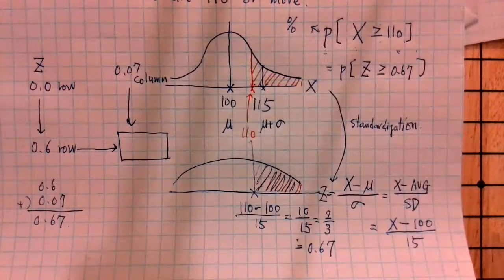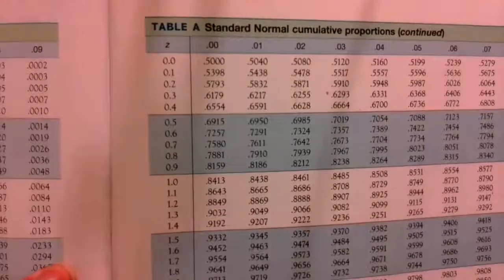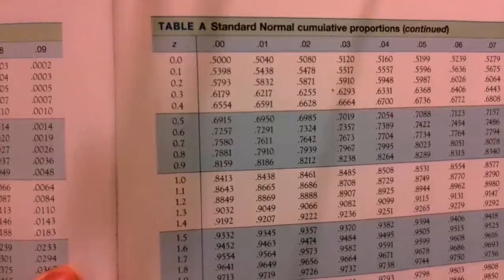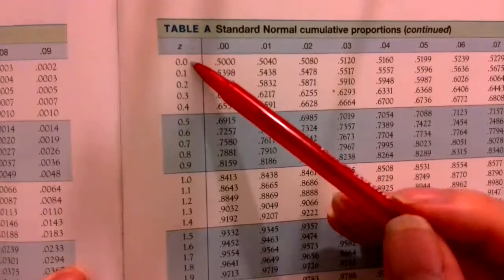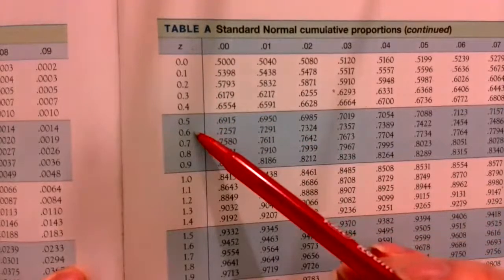So let me show you the standard normal table in your textbook. This is a standard normal table, as I just mentioned. Z begins with 0.0, you move down. You stop when you see 0.6 row.